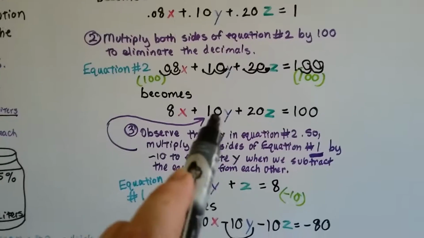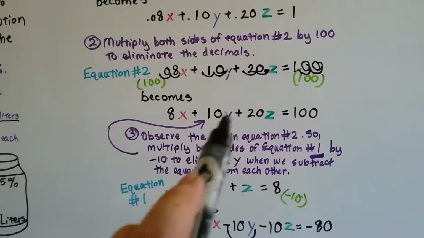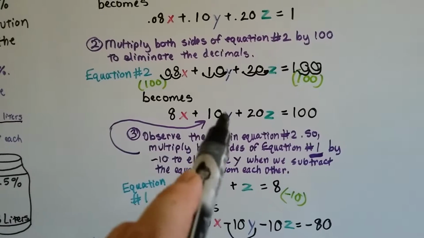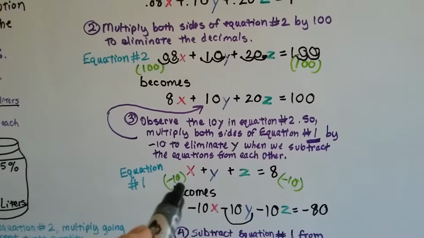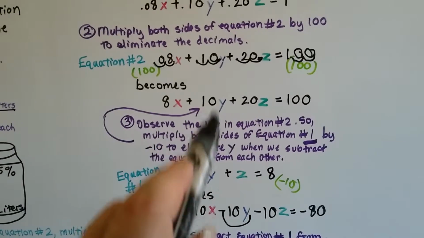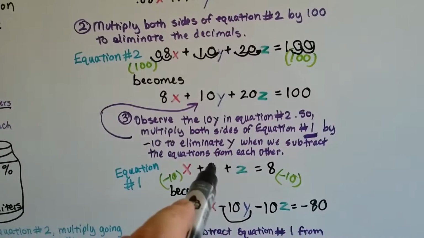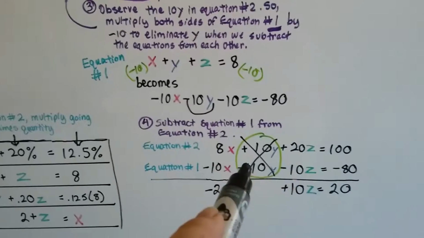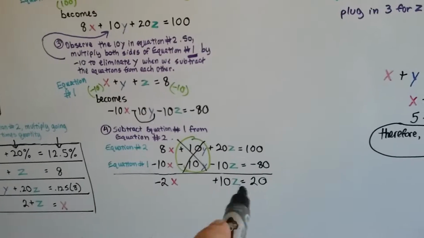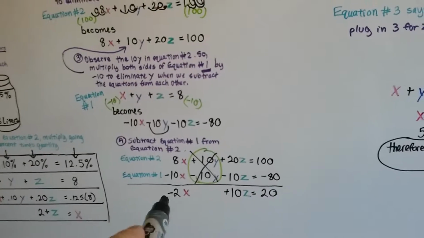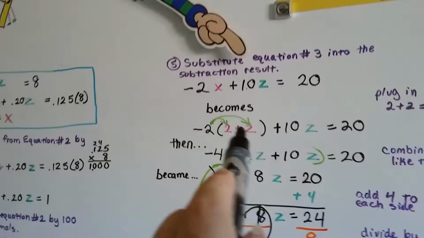We found a coefficient and a variable that would be easy to multiply equation 1 by as a negative to eliminate one of the variables. So we chose y. We got rid of it when we subtracted. Then when we had our answer to our subtraction problem, we plugged in equation 3 into it.